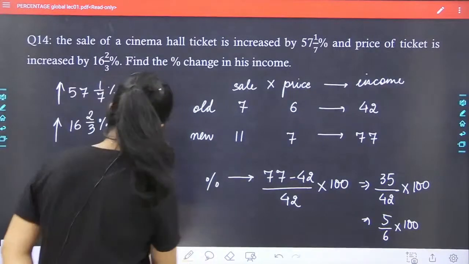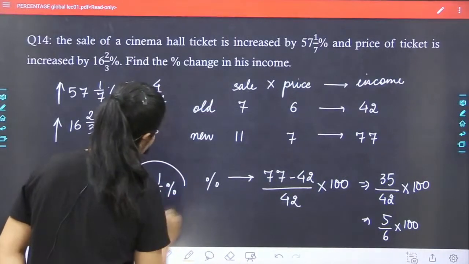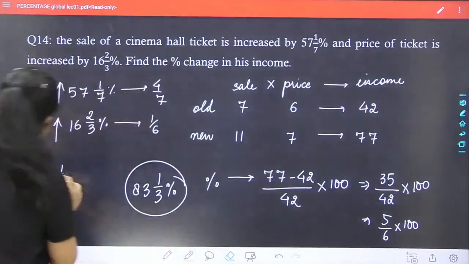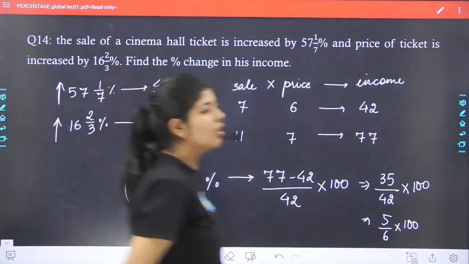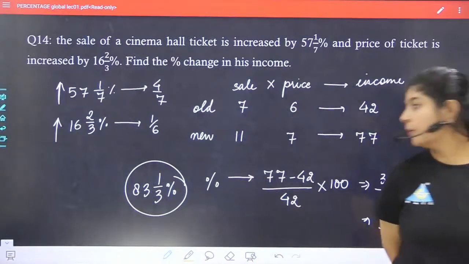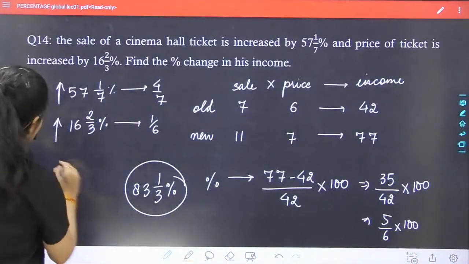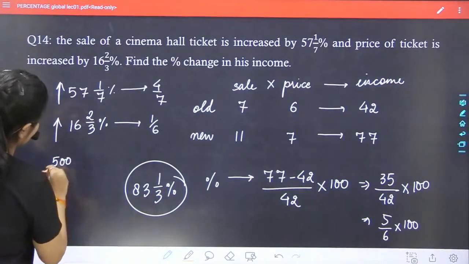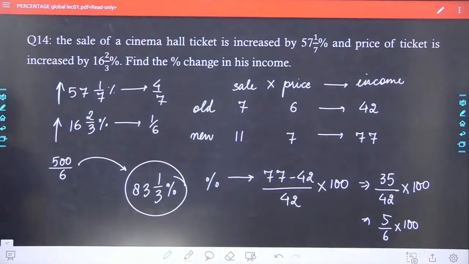This will become 83 1 by 3%. There's a change of 83 1 by 3%. We can calculate 500 by 6 and we will get the value as 83 1 by 3%. Is it clear?